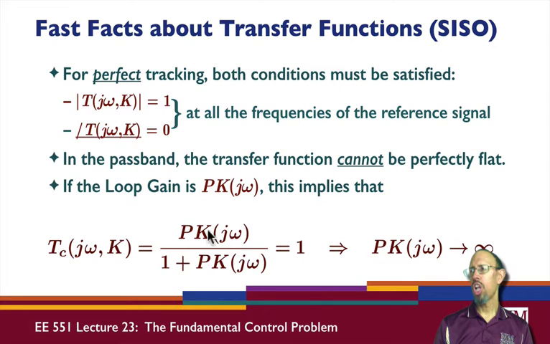If these terms are large, then this term will dominate 1, and this ratio will be approximately 1. It will be equal to 1 exactly whenever PK is infinite. So that is something that we need to take into account.